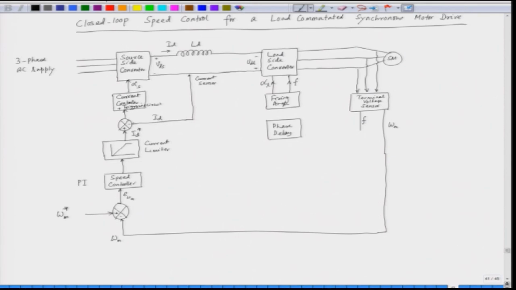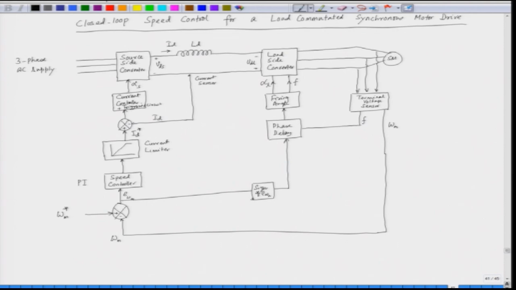The phase delay block gets the frequency from the voltage sensor. We take the sign of this error, and the phase is changed by 180 degrees. So, this is the closed loop speed control of the synchronous motor.